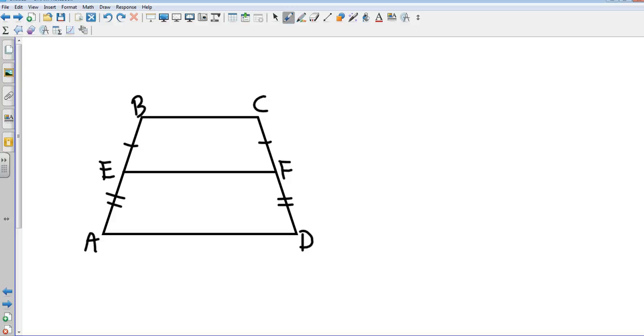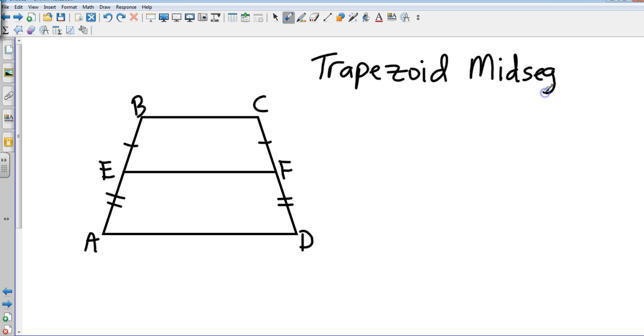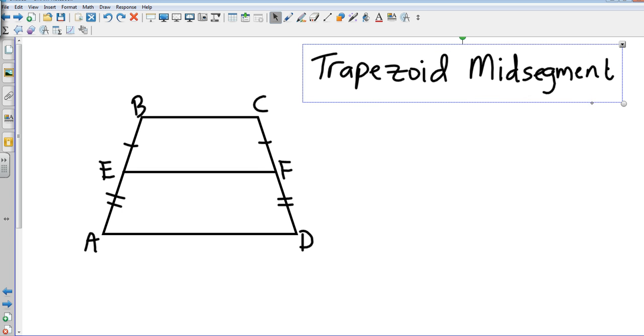Okay, what we're going to talk about next is the trapezoid mid-segment. I didn't write that very well. I hope it recognizes it.